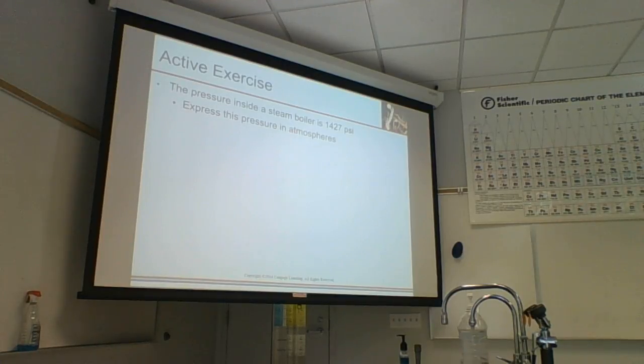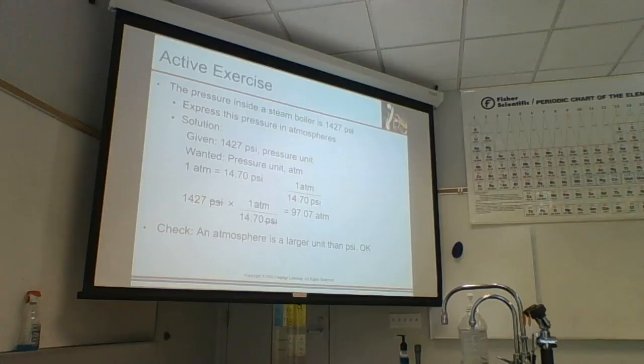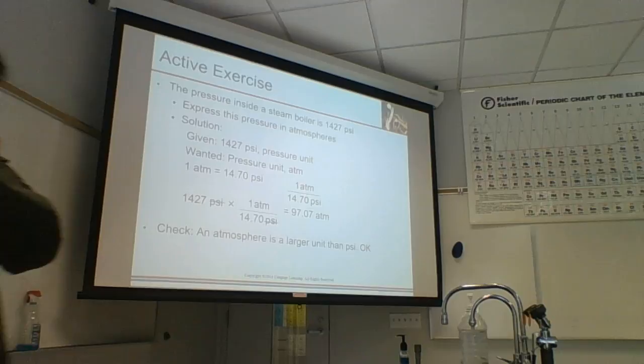Yeah. It's 4 significant figures. 97.07. Okay, that's the way the book does it, but I don't like it done like this because if you do it like this, I don't see what the drop digit is.